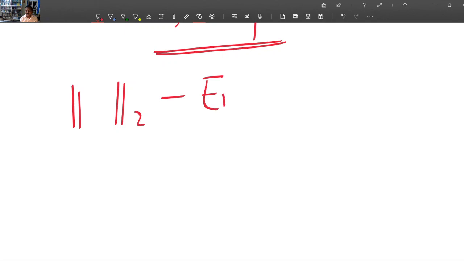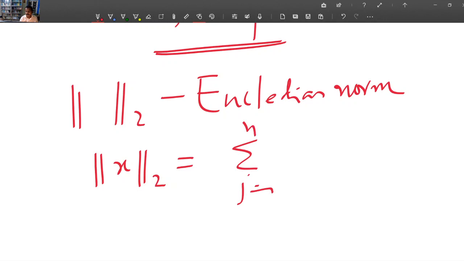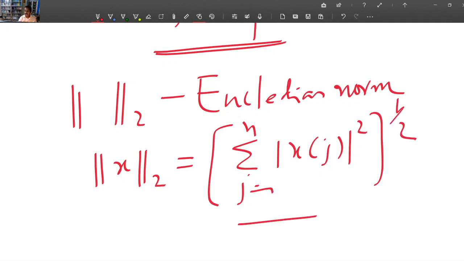The 2 norm of x is defined as (Σ_{j=1}^n (|x(j)|)^2)^{1/2}. This is known as the Euclidean norm.